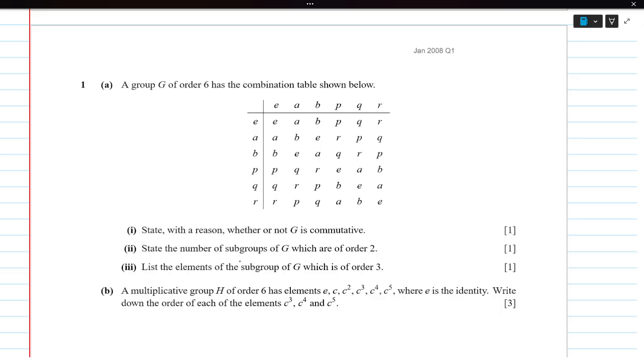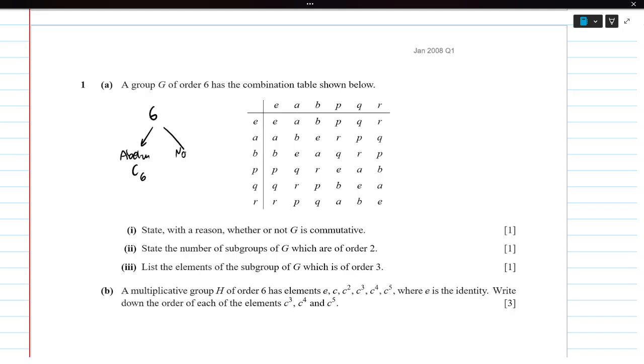Now, I think, because it's order 6, this can either be abelian. If it's abelian, then it's a cyclic group. I think it's C6, or C3? C6, I think.